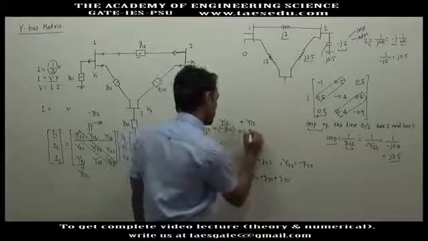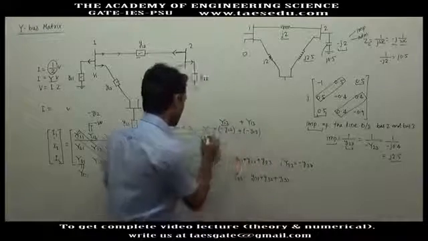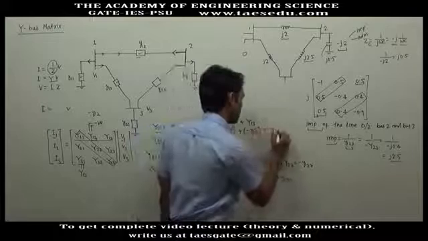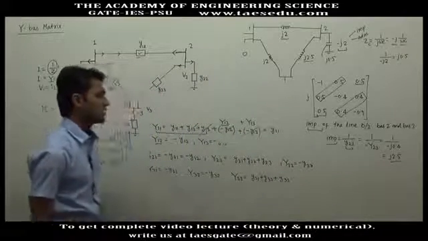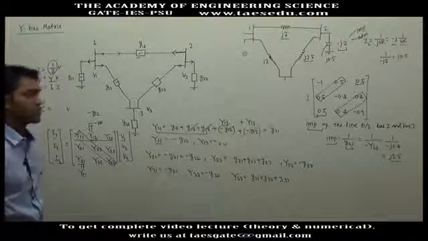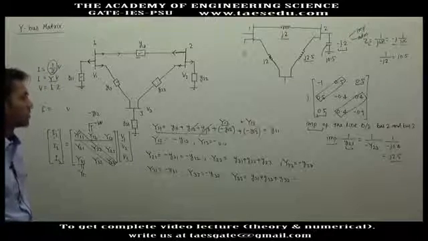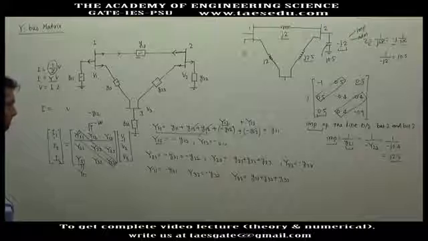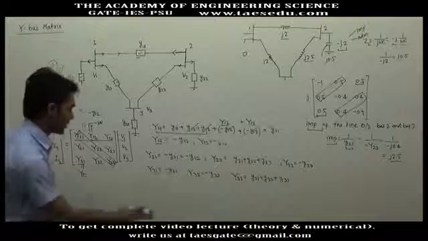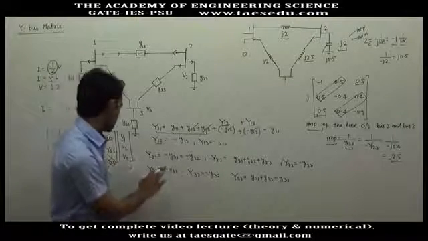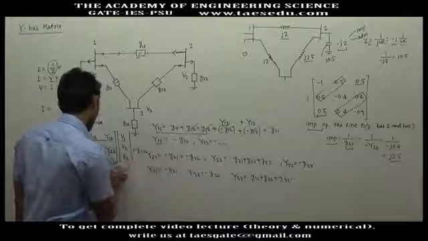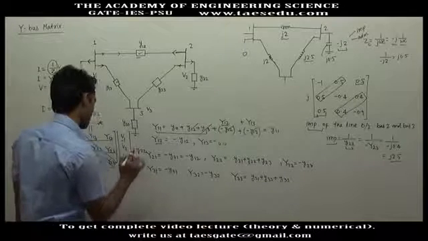So these will cancel, and you will get small y11, which is nothing but the shunt element of bus 1. Similarly, if you add the other rows, here you will get y22, and here you will get y33.